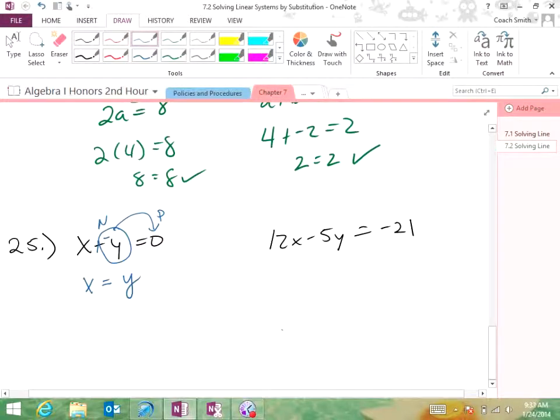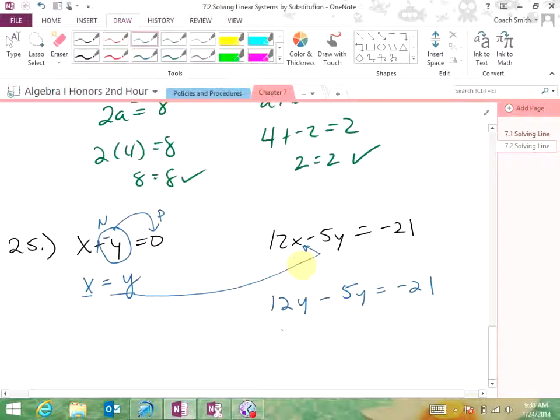Okay, so I plug in this into there. So that gives me 12y minus 5y equals negative 21, because this says x is equal to y.